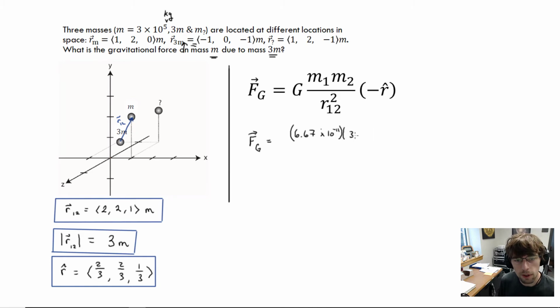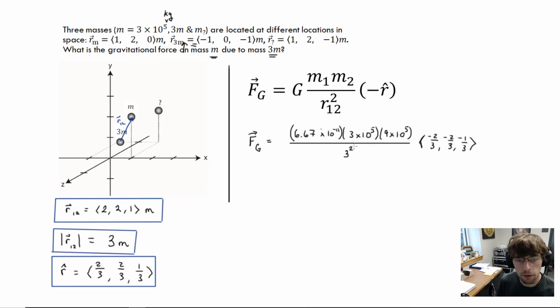And we have 3 times 10 to the 5th. And we have 9 times 10 to the 5th. That whole rigmarole is divided by, well, our magnitude is 3, so magnitude squared is 9. So we'll put 3 squared. And then we have this negative r hat out here: negative 2/3, negative 2/3, negative 1/3, where I've actually incorporated that negative sign into the expression.